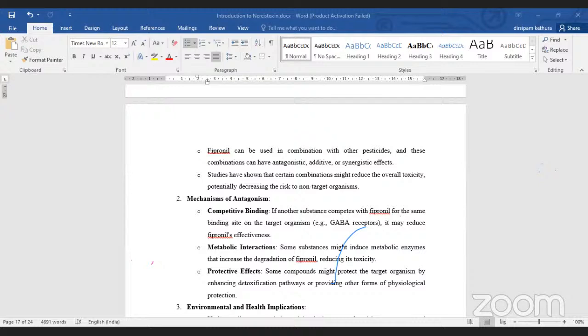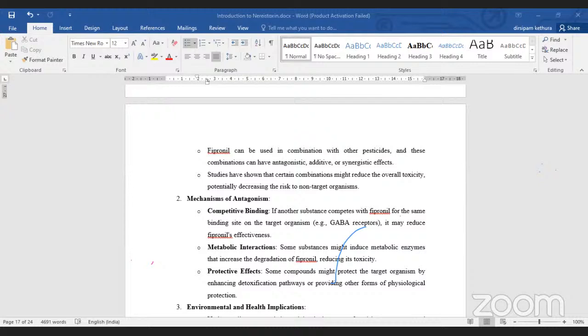These channels open when the ligand, that is acetylcholine, comes and binds to the acetylcholine receptors. At that time the channel gets activated and opens, and sodium and potassium ions flow through. That helps in neurotransmission.